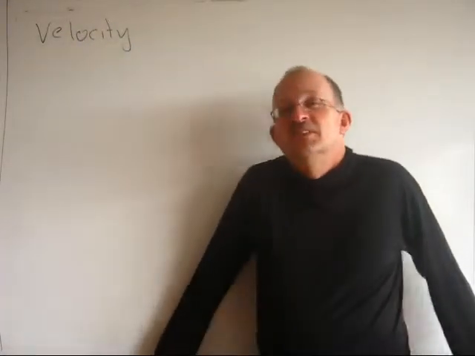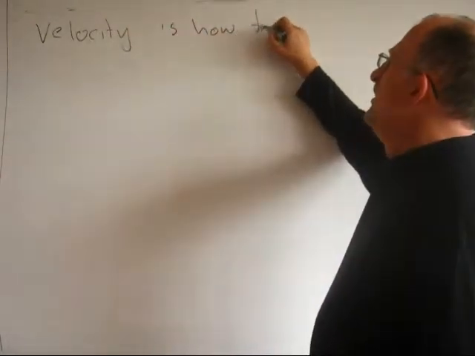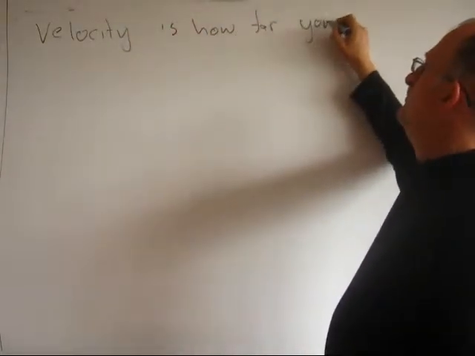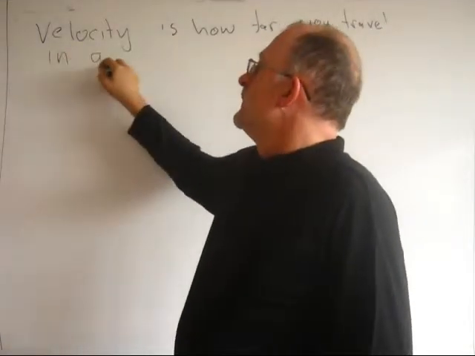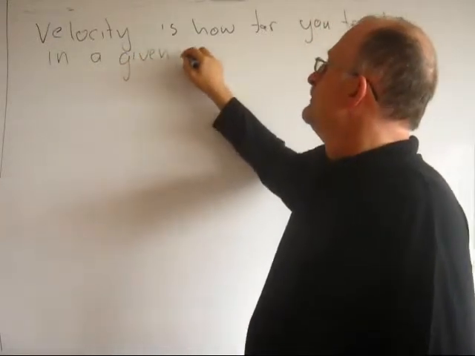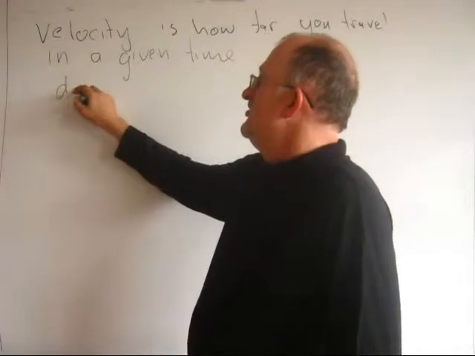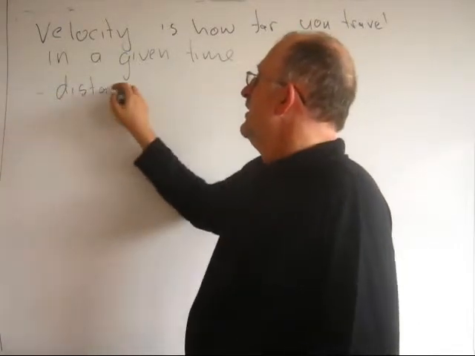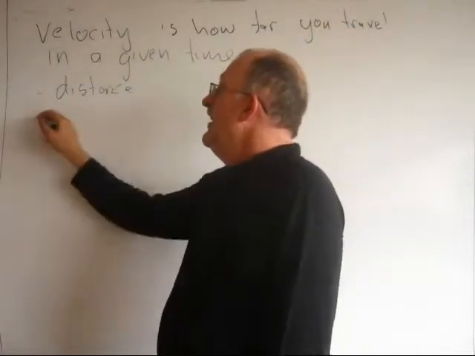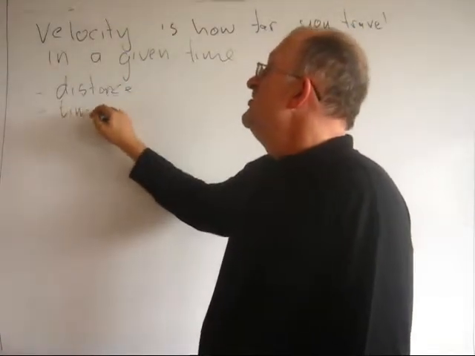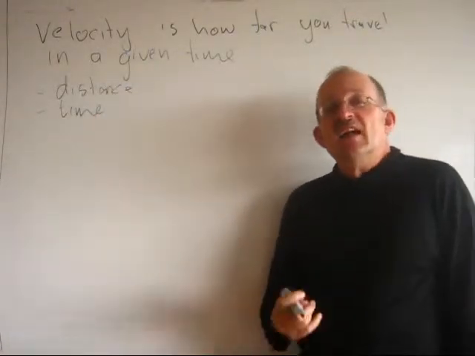What is velocity? Velocity is how far you travel in a given time. So, things involved with velocity are going to be distance, or displacement, and time, because it says how far, which is distance, in a given time.